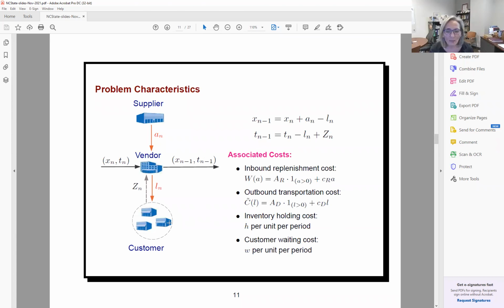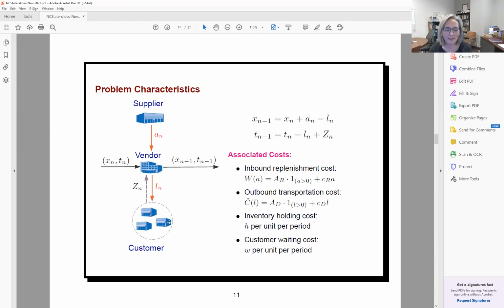And here's more about the problem characteristics with a little bit of notation. The vendor replenishes from the supplier at a replenishment cost. I call this the inbound replenishment cost and denote it by function W. The inbound replenishment cost includes a fixed cost and a linear cost.